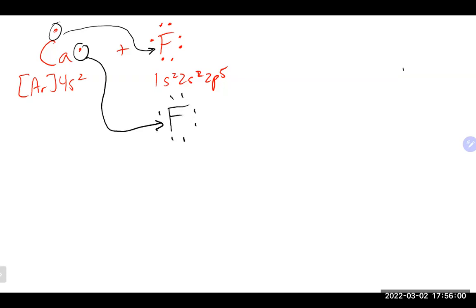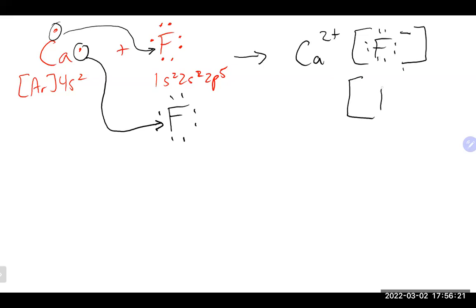The result is we end up with a calcium that will hit the +2 mark as it loses 2 electrons. We will end up with 1 fluorine that picked up just 1 electron, which means it became negatively 1 charge, and a 2nd fluorine that also picked up 1 electron and became negatively charged.